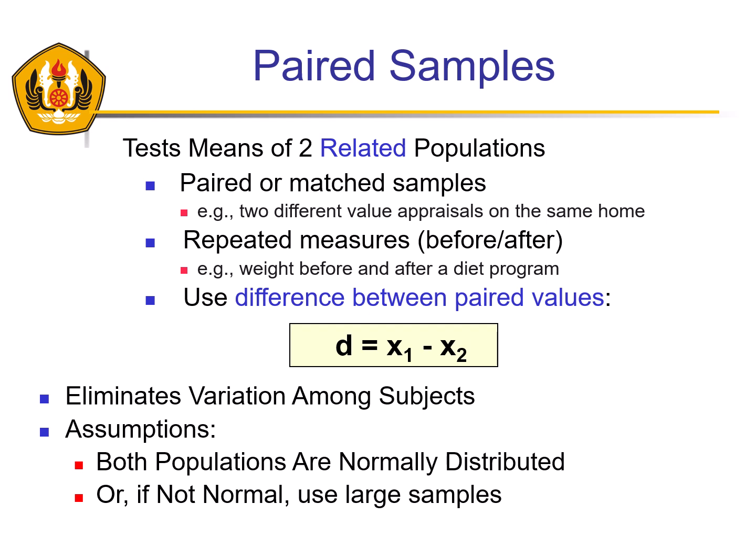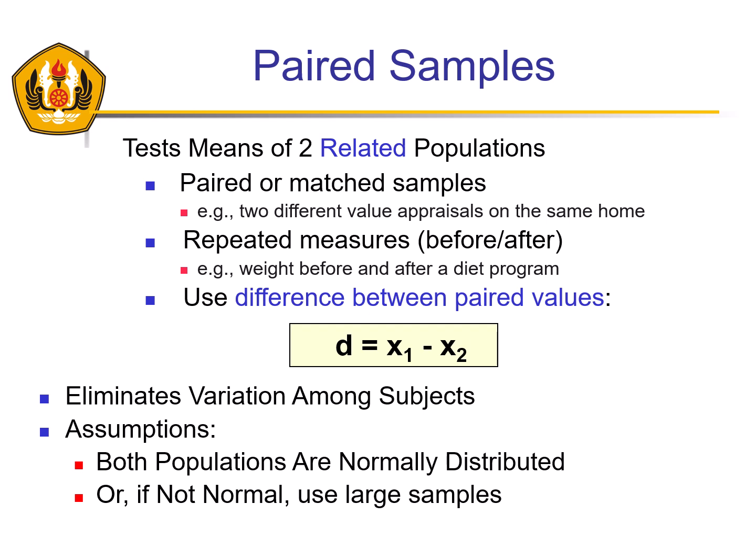Repeated measures, before and after, are also an example of two related populations. And for this, we will use the difference between x1 and x2, because we are going to check whether there is progress from the first step to the second step.